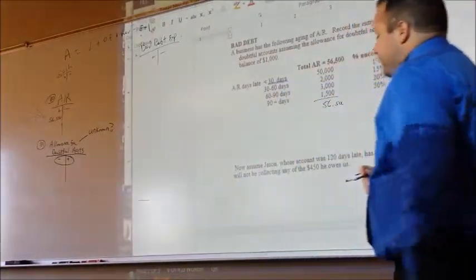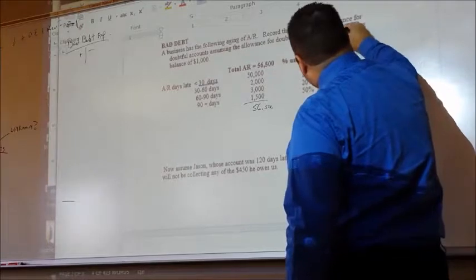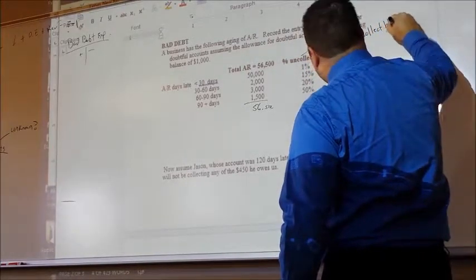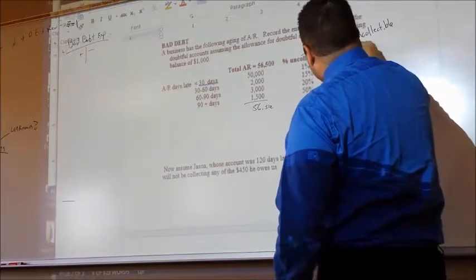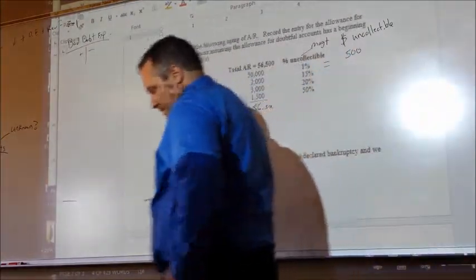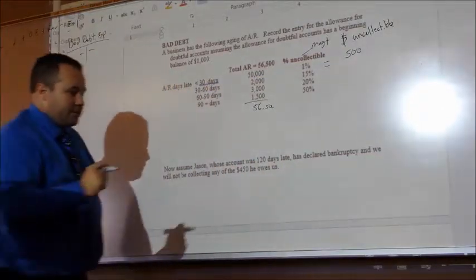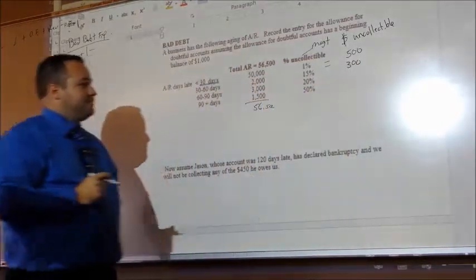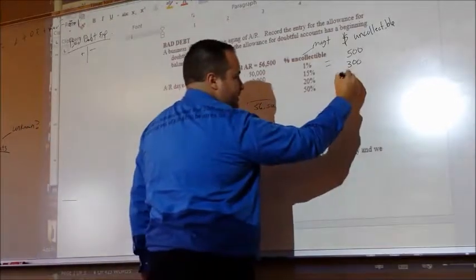Now what we need to do is actually get the dollar amount. How much in dollars will be uncollectible? 1% of 50,000. Just move the decimal 2 places. That's easy. 500. 2,000, 15%, $300. 600.